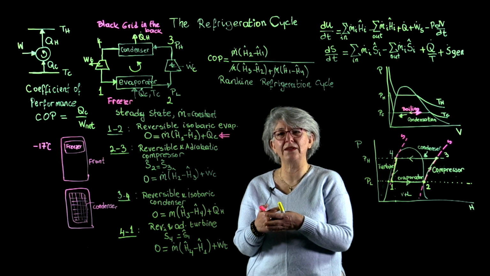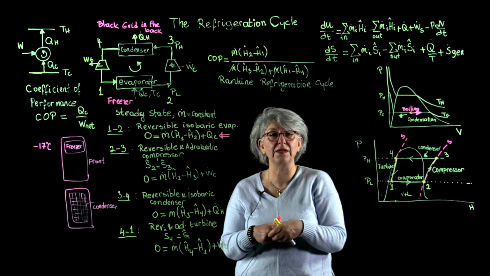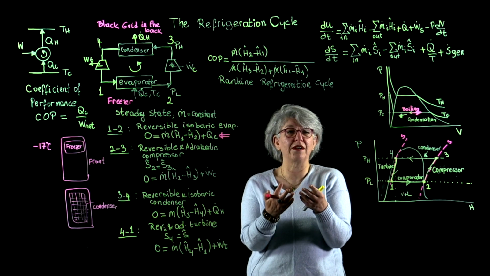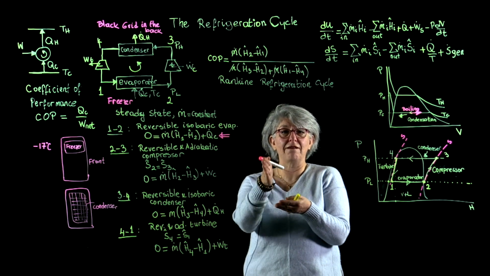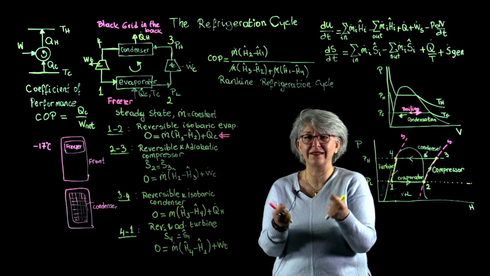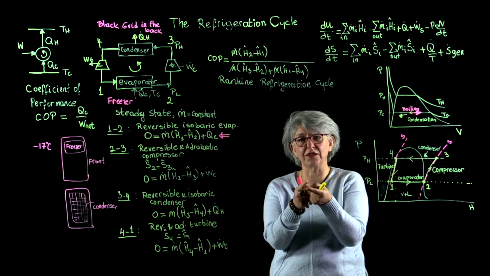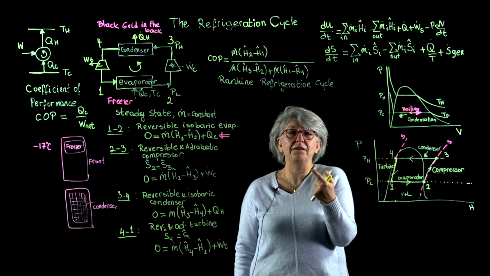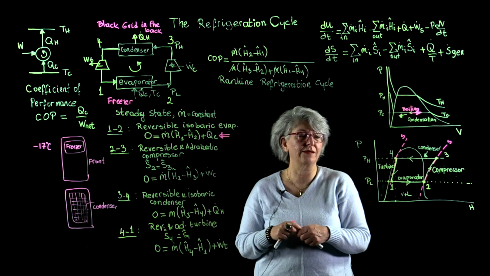Now, for example, in very hot summers, we might have a freezer or refrigerator outside, and typical ambient temperatures are 40 degrees Celsius. In order to be able to discard heat to the environment, I need to have a condenser temperature that is higher than typical ambient temperature. So if the ambient temperature is 40 degrees Celsius, I should have a temperature of around 45 and 50 degrees Celsius in order to be able to discard heat to the environment.